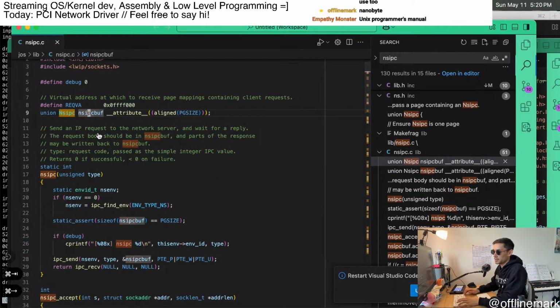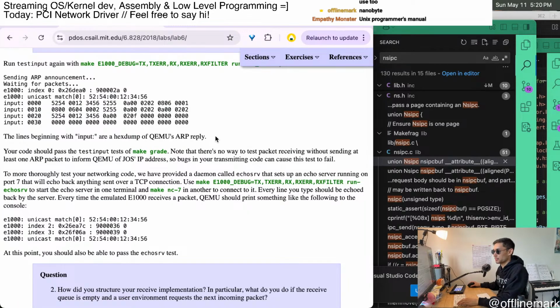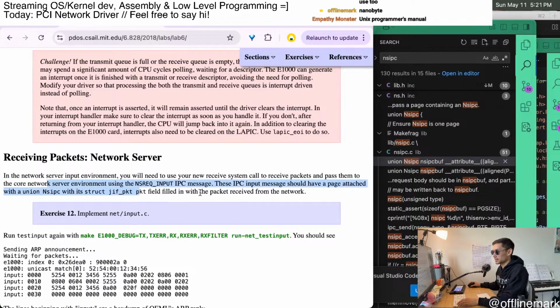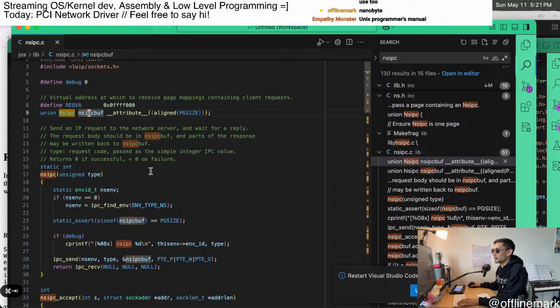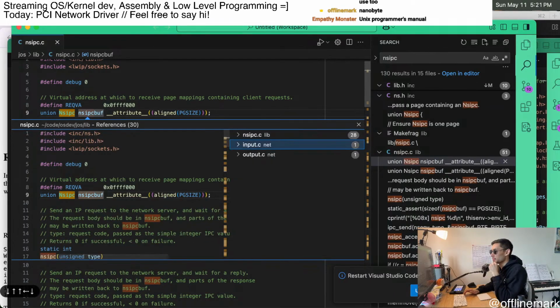It sort of makes me think I'm doing something wrong where I have my weird random global variable. So I think I should check out how people are using this NSIPC thing.